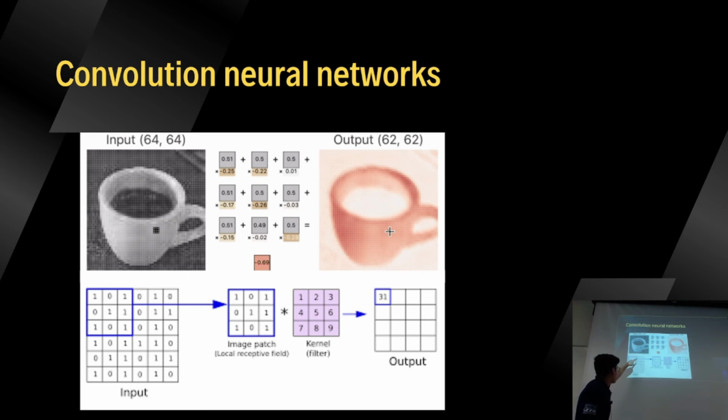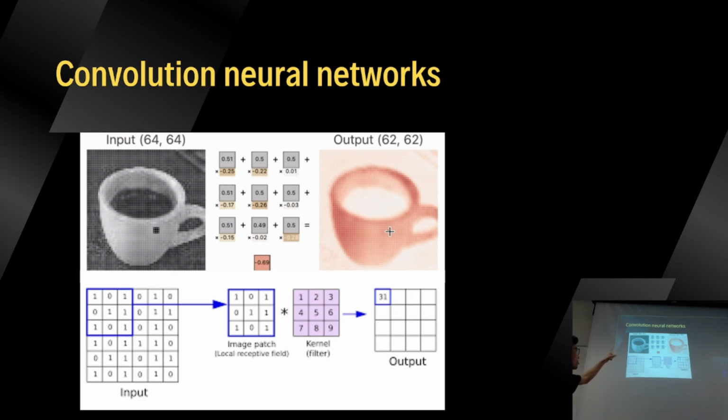If I displace this square to the other spot here, I will have this output here. So that's what the convolution is. We pass this kernel over the image, and it will give us another image as output.